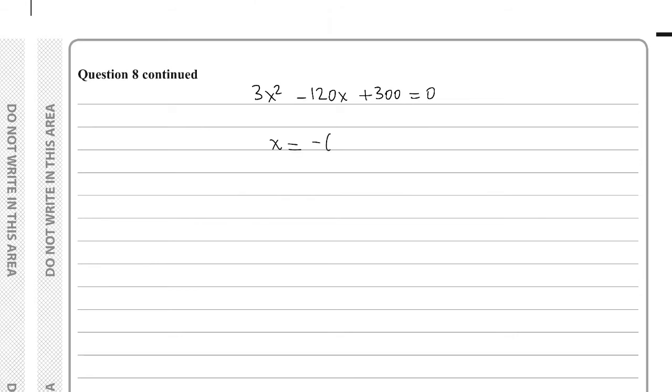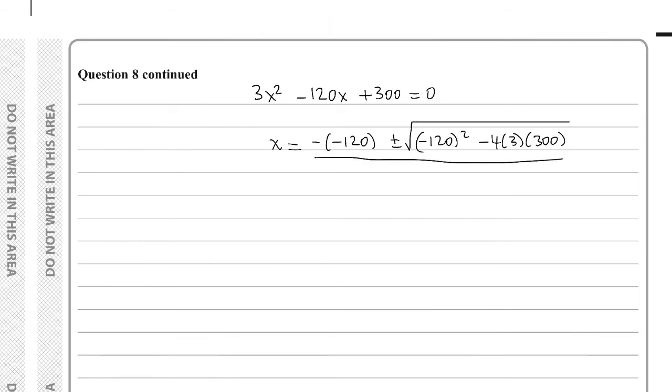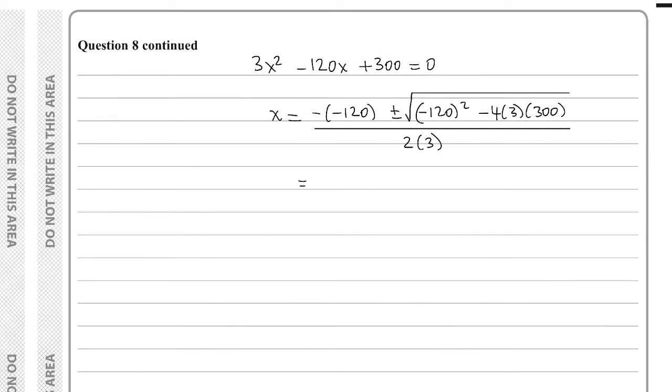It's minus b plus minus root of b squared minus 4ac over 2a. And this is giving me results of 20 plus minus root of 300.